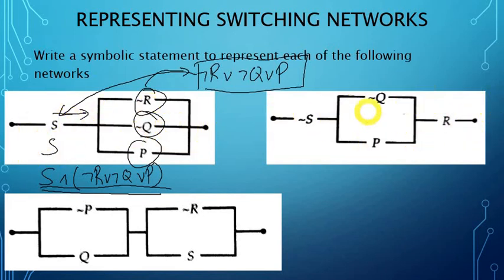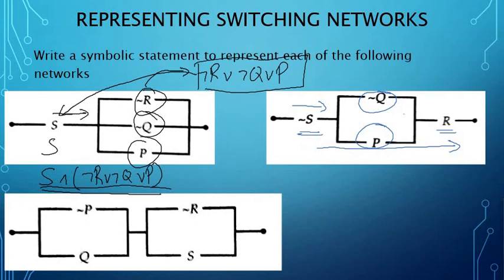How about this second network? In the second network here, you can see that we have not S and R. They are connected in one street, so that is a series. So we can have this as AND. But we have not Q and P connected in parallel.